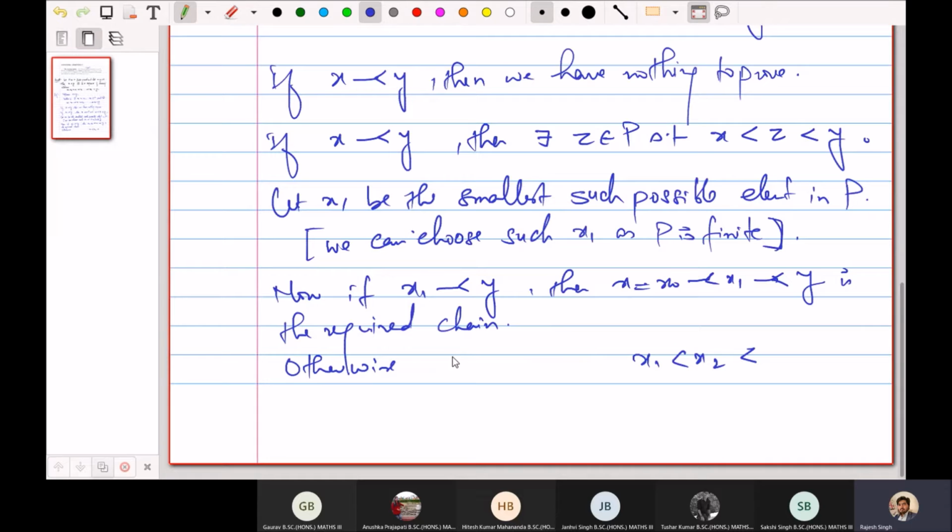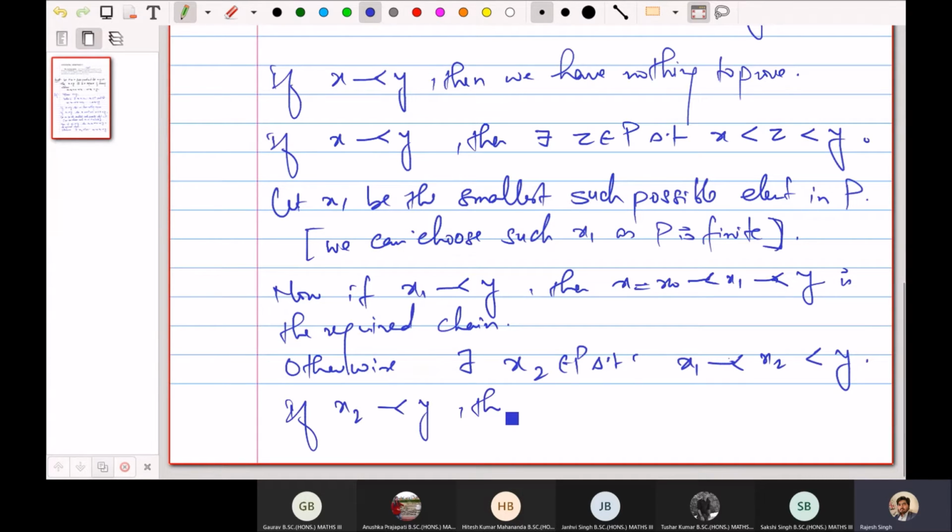Otherwise there exists x2 belonging to P such that x1 is covered by x2 and x2 is smaller than y. If x2 is covered by y, then x1, x2, y is the desired chain, the desired sequence. Otherwise we will proceed inductively.